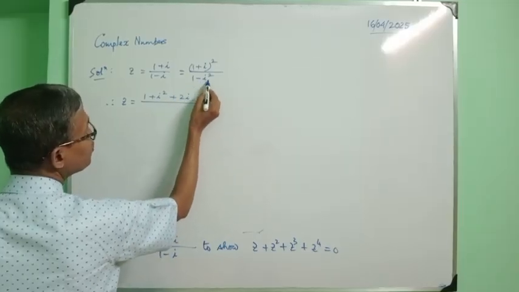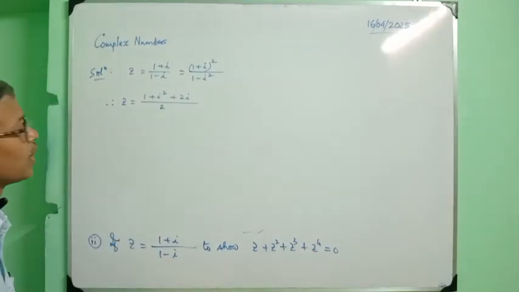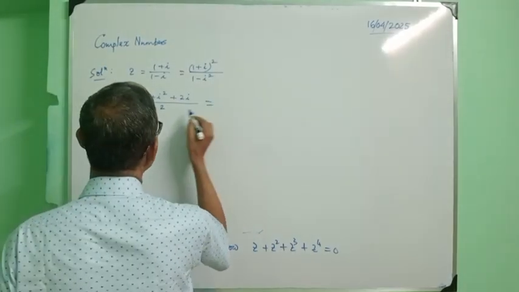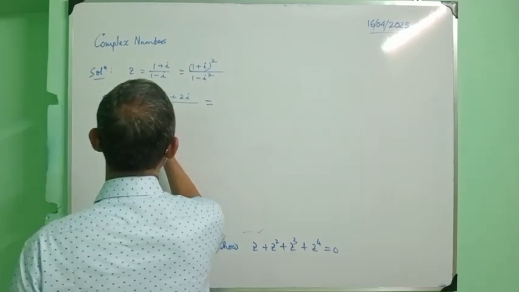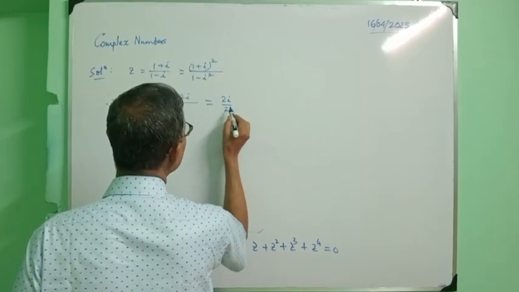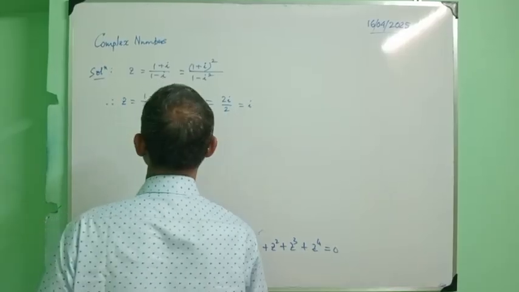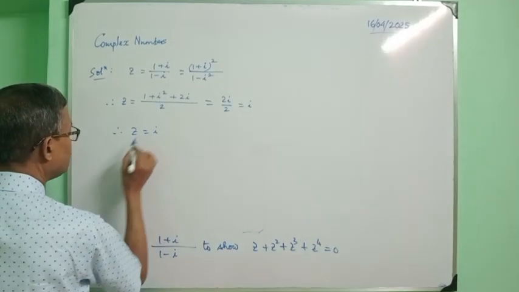This is minus I square means 1, therefore denominator is 2. I square means minus 1, therefore these two will be cancelled. 2I by 2, that is equal to I. Therefore, we find z equal to I.